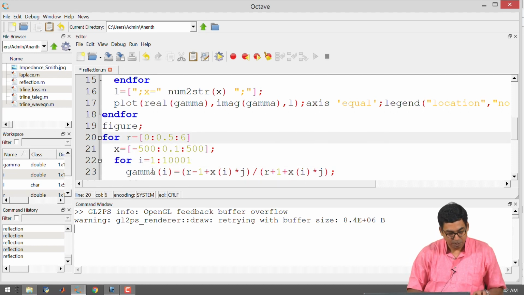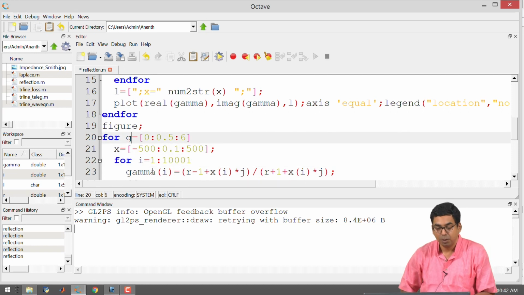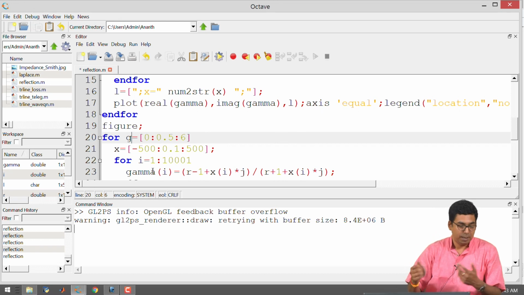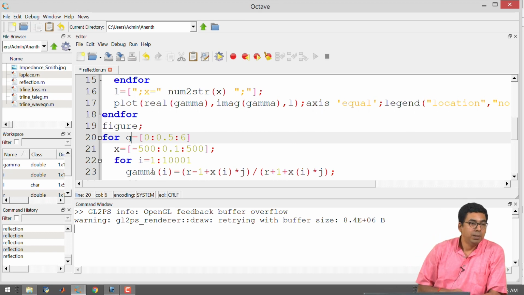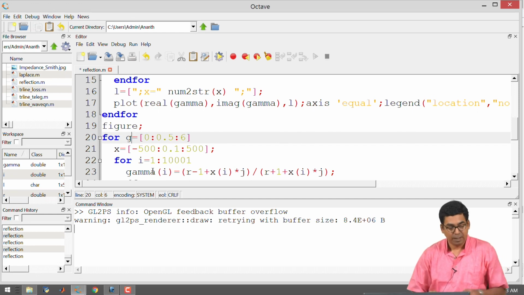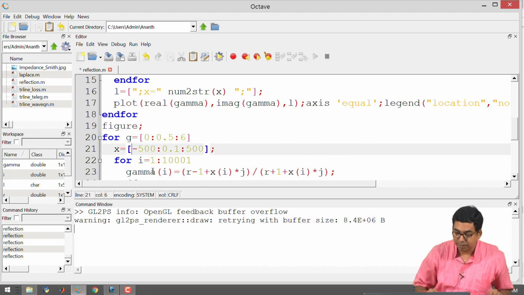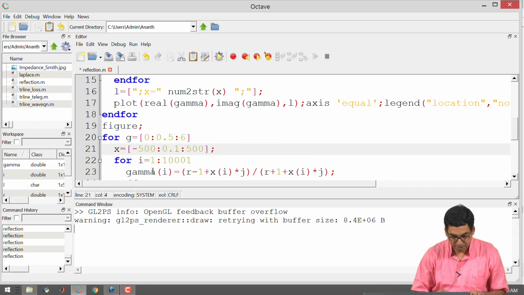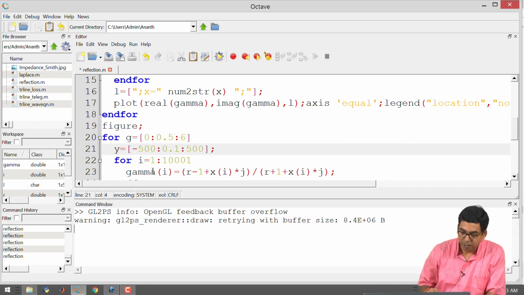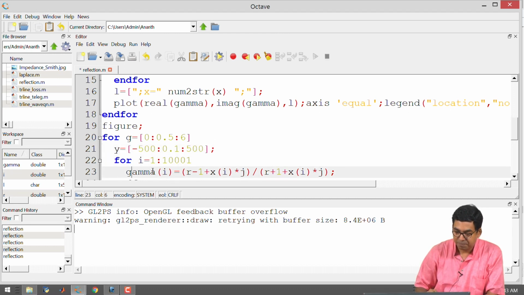I want to go for G from 0 to 0.5 to 6, let us say. I am not going for negative values of G because we are dealing with passive circuits again. And instead of X I am going to use the variable Y, going from minus 500 to plus 500, keeping everything else the same.